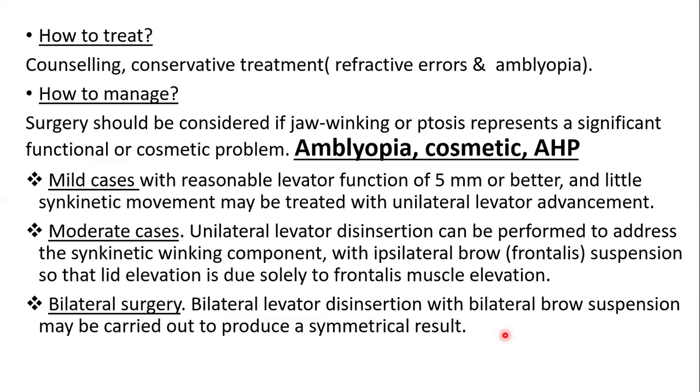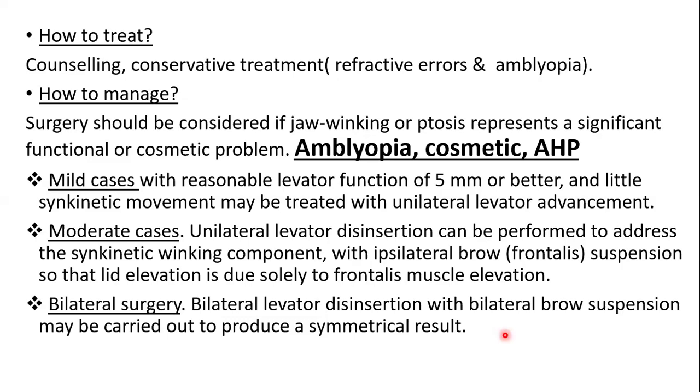Sir, you will answer if it is bilateral. You have to do bilateral or unilateral. I think in cases of bilateral ptosis with jaw winking, you need to do bilateral surgery to have symmetrical results.